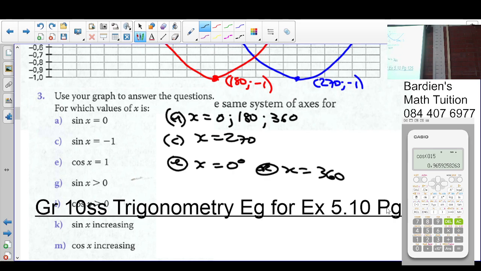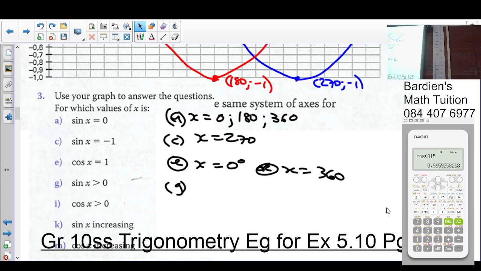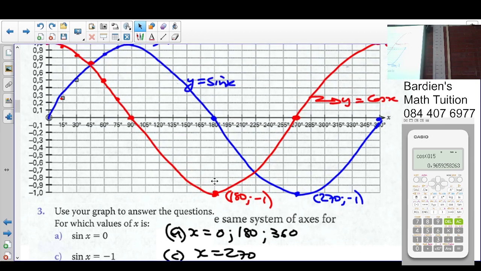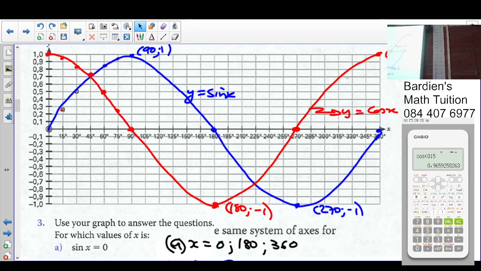Okay. Let's look at G. Where is sine of x greater than 0? People, what does greater than 0 mean? It is when it is above this line. If it's more than this line, it is positive. If it is less than that line, it is negative.